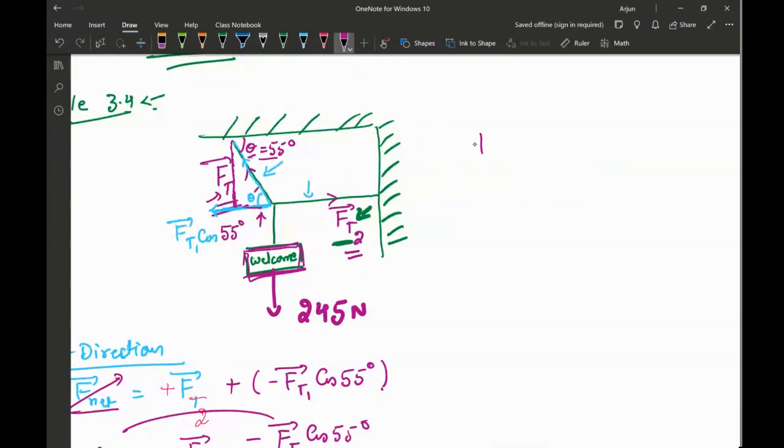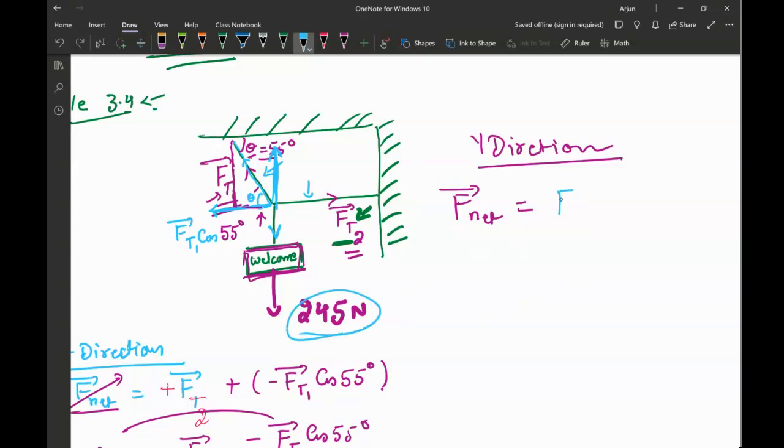So I will write the y direction. F net in the y direction will be equal to... how many forces are acting in the y direction? One component of Ft1 in the upward direction, and the other force is downward, which is 245 Newton. So Ft1, a positive value, sine of 55 degrees minus 245.